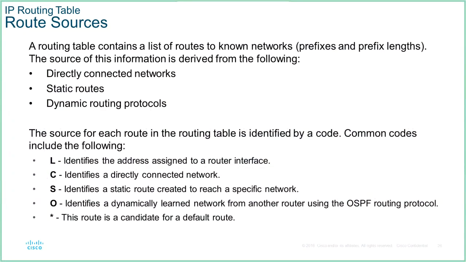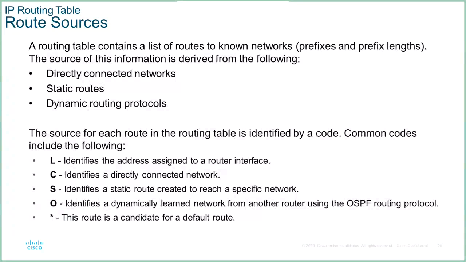L identifies the assigned local interface address, so it's the link local address effectively. This only came about after IPv6. Before then, we only used the C, which identified the directly connected network. S identifies a static route.